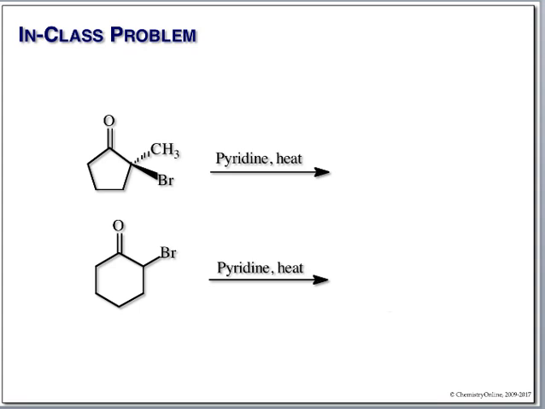We're going to form, according to Zaitsev, the most highly substituted alkene, right? Remember that. That means we're not going to eliminate across the methyl group here, are we? Although we could. We're not. We're going to eliminate this way to get a trisubstituted alkene.